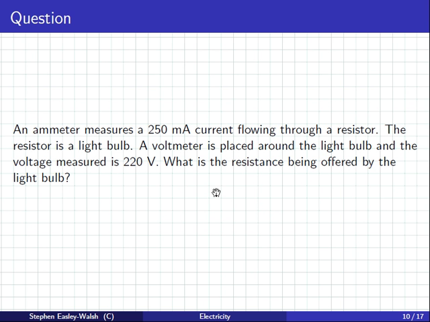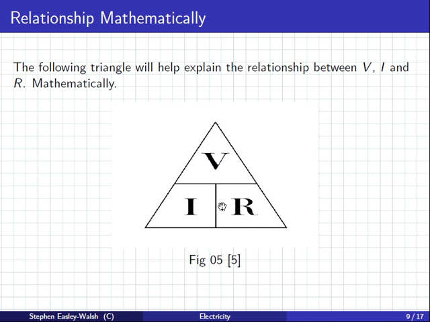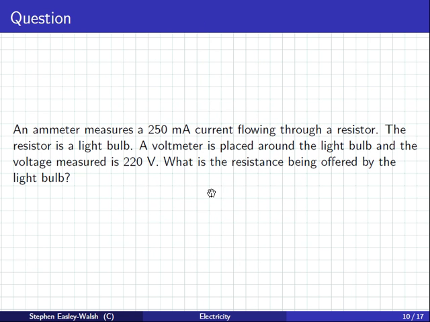Now, I'll give you a very simple question. We measure the current as being 250 milliamps, and we measure the voltage being 220 volts. My question is, what is the resistance? So the resistance should be the voltage, the potential difference, divided by the current. You can nearly do this in your head. Do you want it in ohms or milliohms?